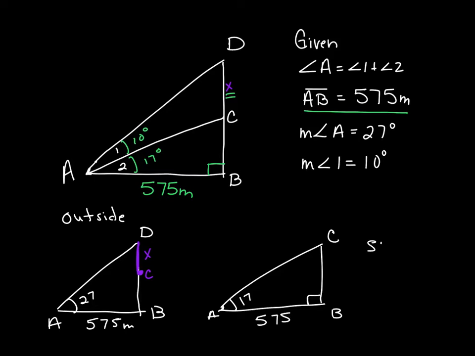Step 1 is to find BC, this value right here, and for this sake, we're just going to call that Y. Step 2 is to find DB, which is the entire length of the outside triangle over here.